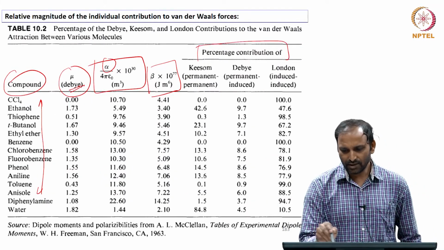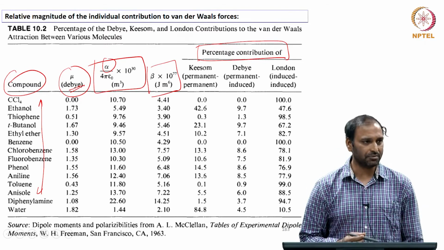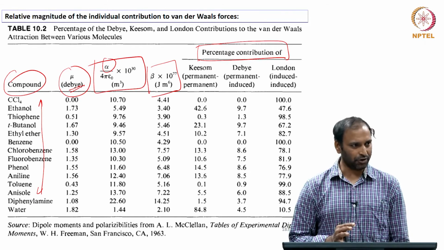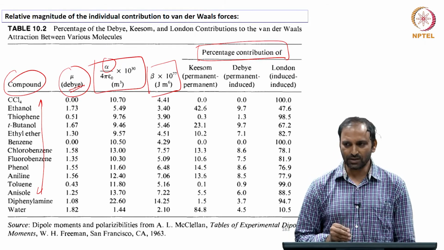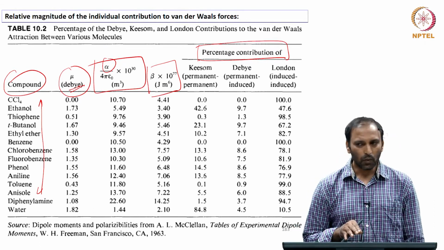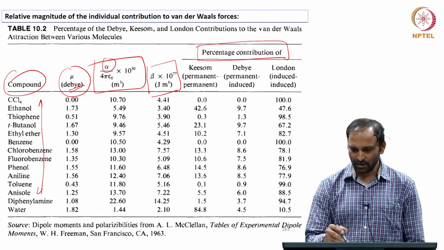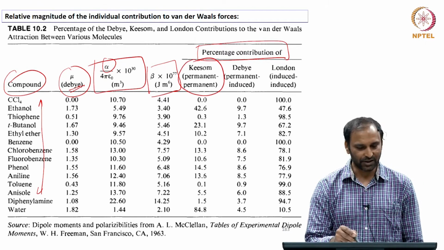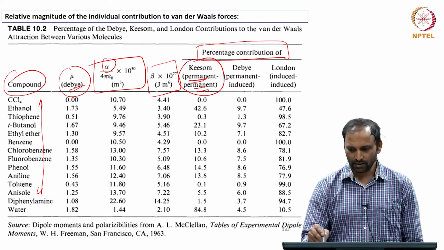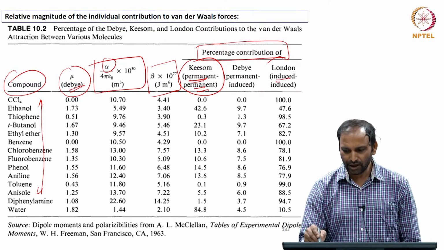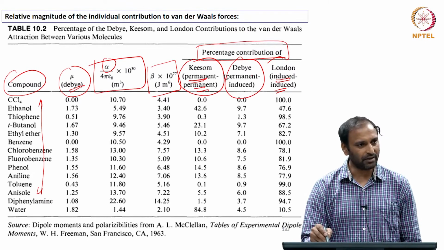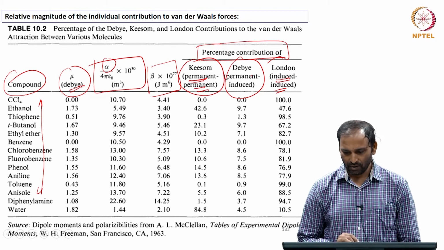And this tells you about the percentage contribution, and we said that there are 3 contributions. What are the individual contributions to the total van der Waals force of interaction? That is the Keesom interaction, between permanent dipoles, London, induced dipoles, and Debye, between the permanent and induced.